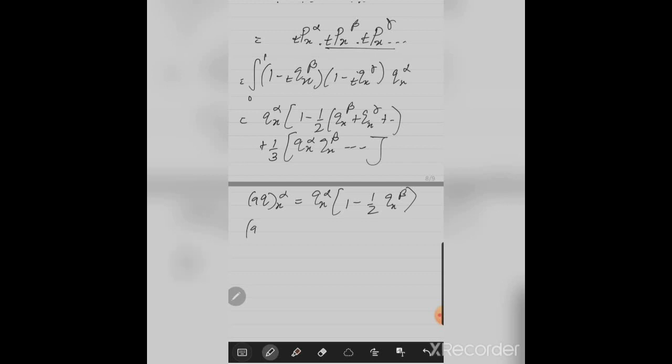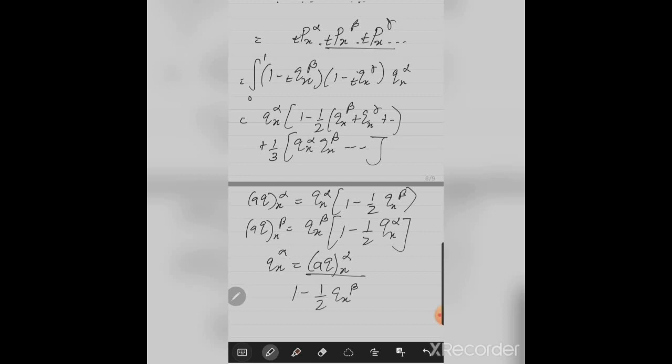Similarly, our aqx beta will be qx beta times 1 minus half qx alpha. So from here we are getting one more relationship, qx alpha. So this comes out as aqx alpha divided by 1 minus half qx beta.